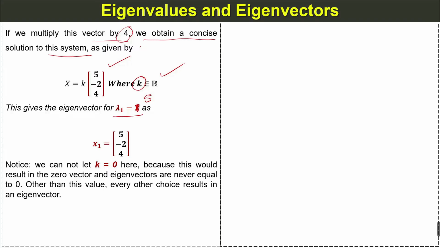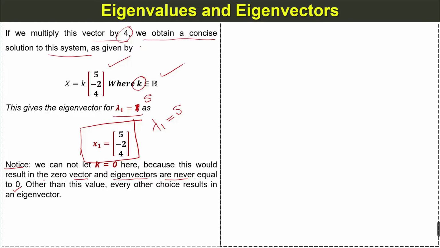So here we have the first eigenvector corresponding to the eigenvalue lambda 1, which is equal to 5. Notice we can't let k be equal to 0 here because this would result in the zero vector, and eigenvectors are never equal to 0.